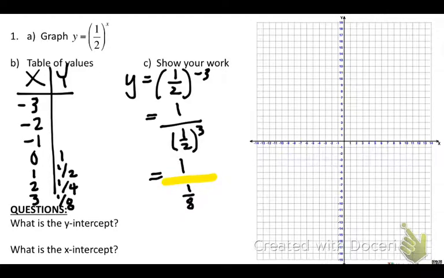Dividing by a fraction is like multiplying by the reciprocal. So that's really 1 times, and now the reciprocal of this is 8/1. Well, 1 times 8/1, that's 1 times 8, basically, which is 8. All of that, and we got an 8.